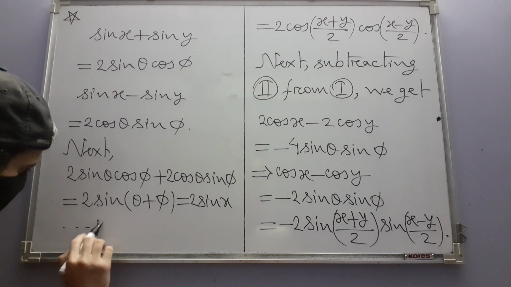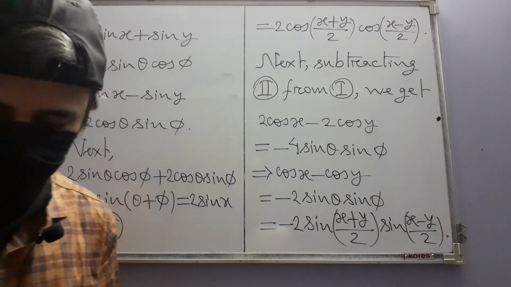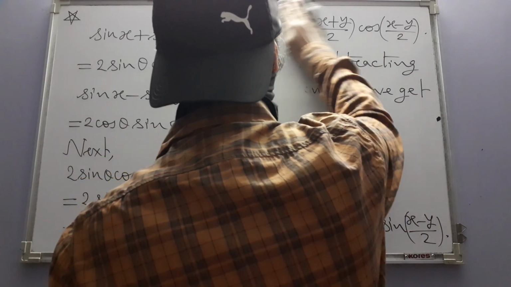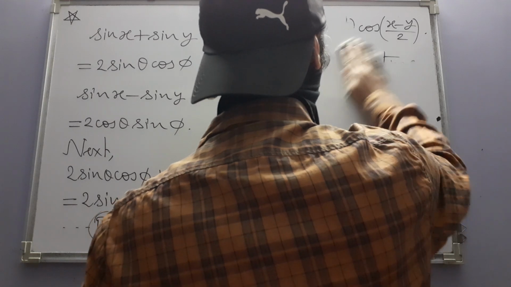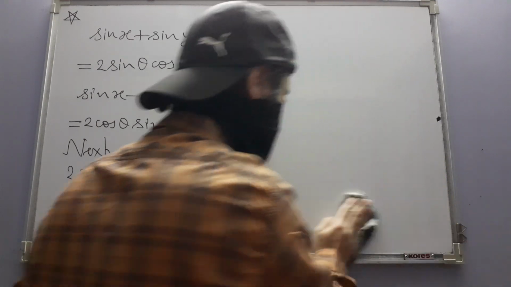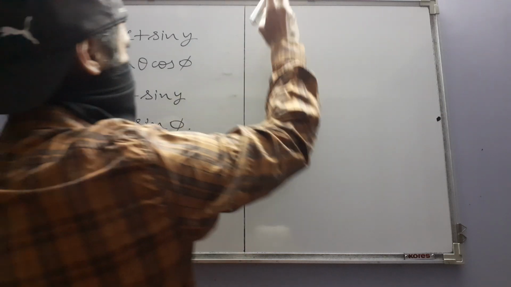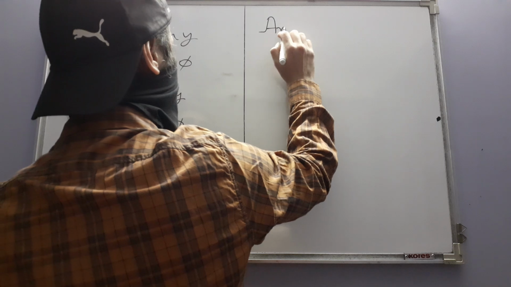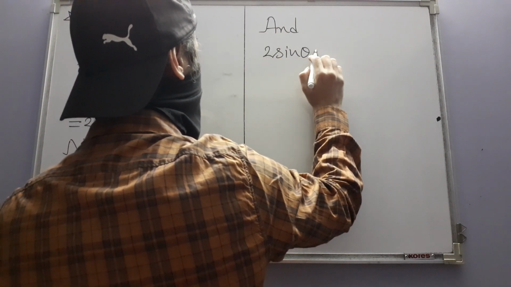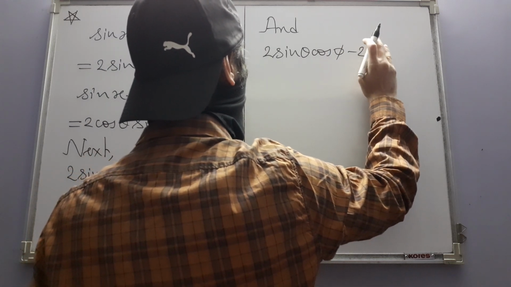So this is your 3 and 2 times sin theta cos phi minus 2 times cos theta sin phi.